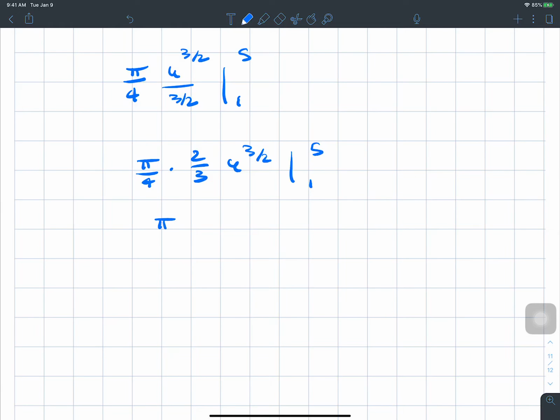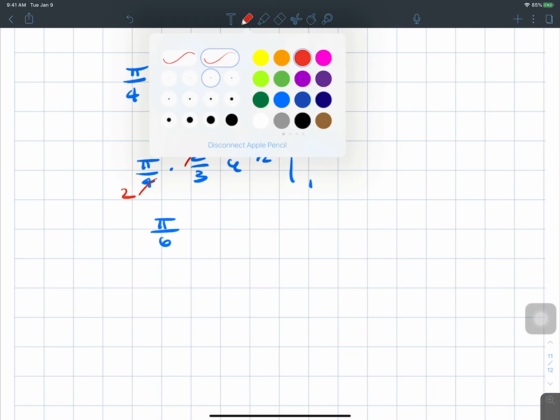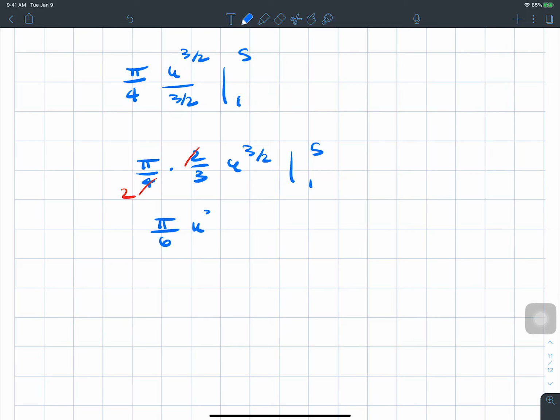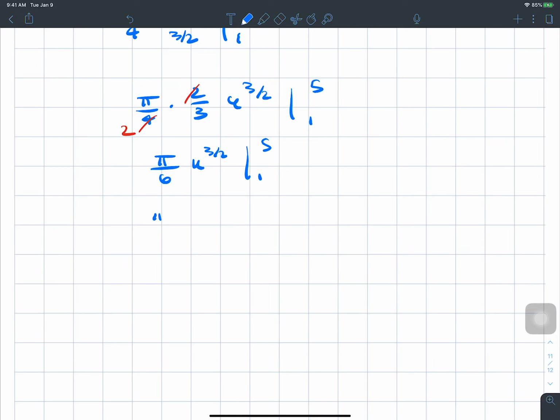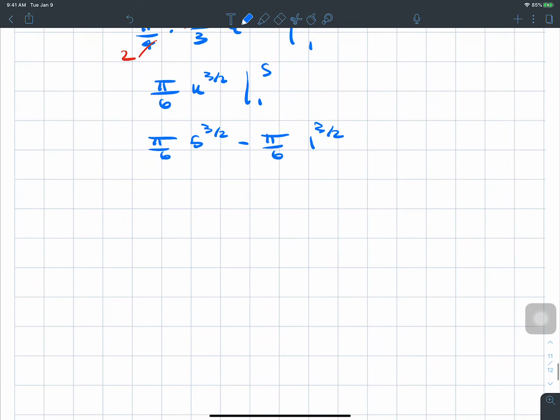So it looks like I end up with pi over 6 because I can simplify here, right? 2 and 4, yeah. u to the 3/2, 1 to 5. So pi over 6 times 5 to the 3/2 minus pi over 6 times 1 to the 3/2. Factor out your pi over 6. You get pi over 6 times (5 to the 3/2 minus 1).